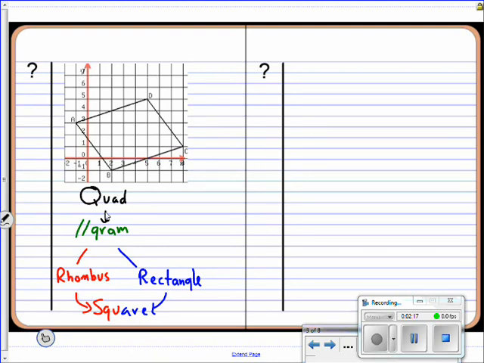Now we have these three tools, those formulas that we had at the beginning. What we want to do is use those three tools to find out characteristics about the shape that we're dealing with to see if it's a parallelogram, rhombus, or rectangle. I always like working with slope. It's much easier than the other two formulas for me. Once I use slope, I can hopefully move that into being a parallelogram.